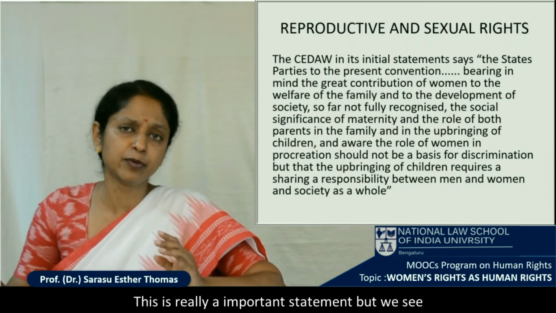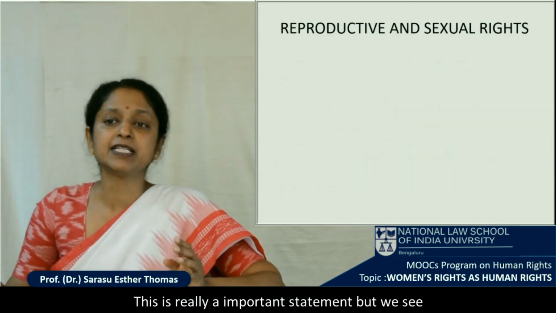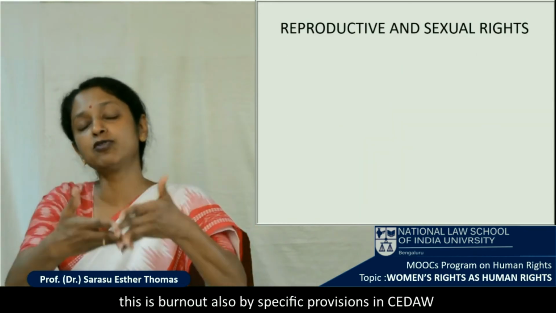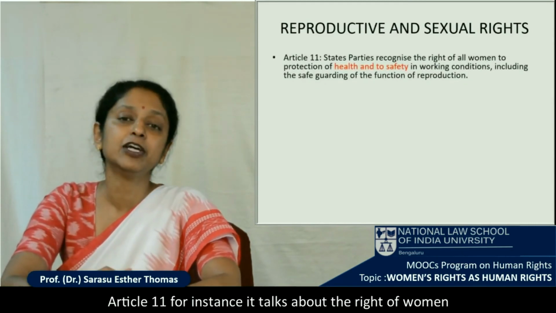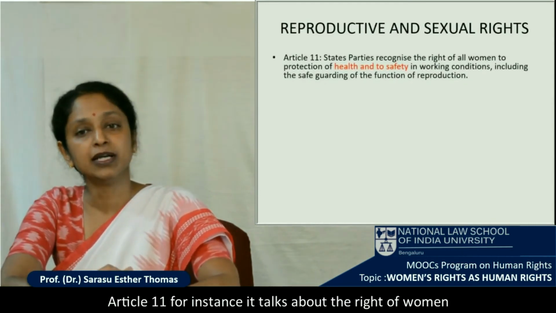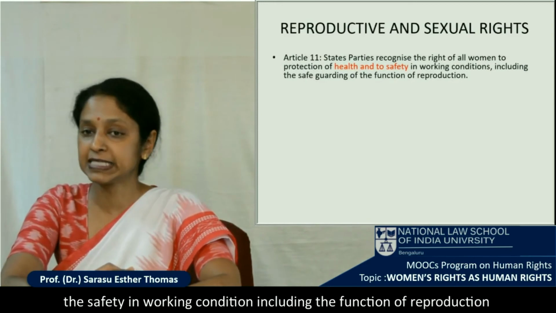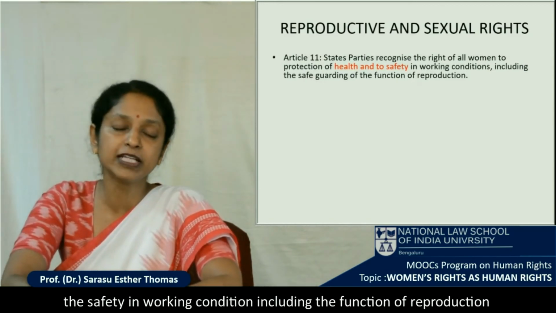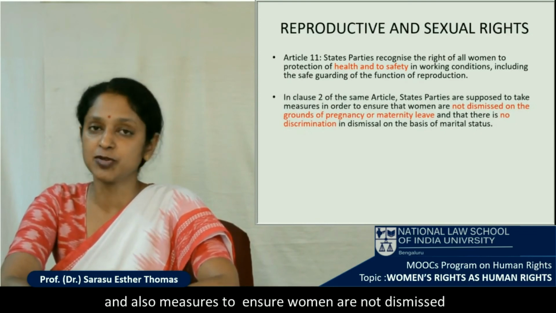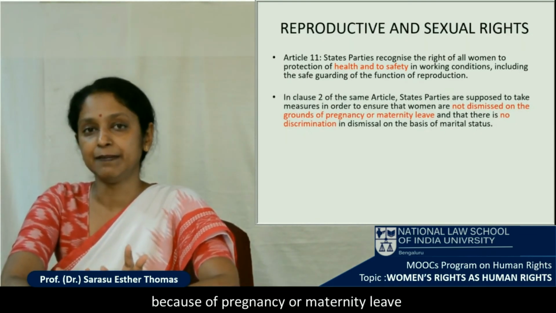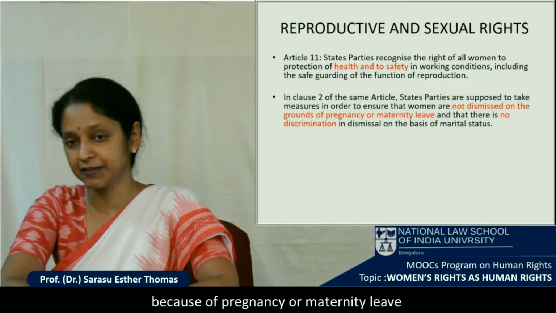Now, this is a really important statement, but we see that this is borne out also by specific provisions in CEDAW. Article 11, for instance, talks about the right of women to health and safety in working conditions, including the function of reproduction, and also measures to ensure that women are not dismissed because of pregnancy or maternity leave.